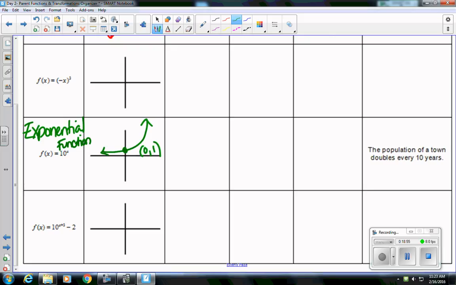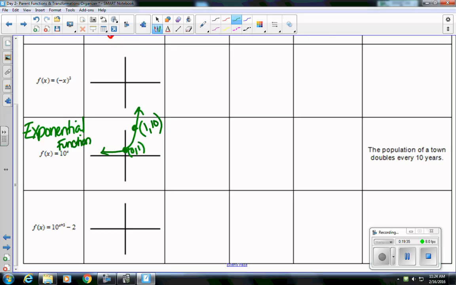And this function actually should be a little bit steeper, so let's fix that because it's 10 to the x, so it has to pass through the point, we said (0, 1), but it also has to pass through the point (1, 10) because it has a base of 10. As your base changes, that point will change as well. So for example, if we had f of x equals 2 to the x, that point would be (1, 2). Or if we had f of x equals 6 to the x, it would be the point (1, 6).